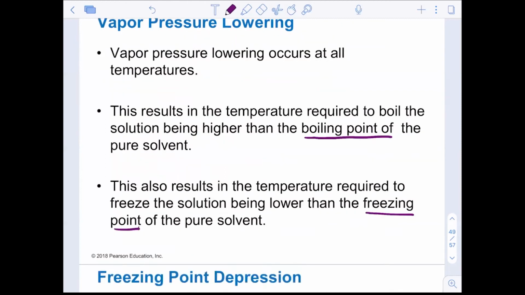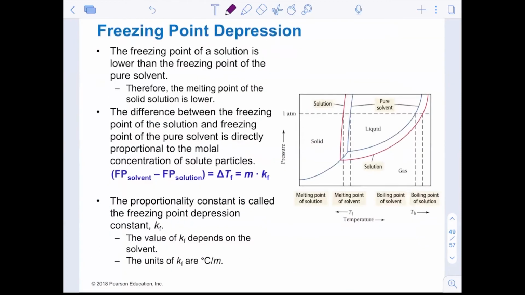What actually happens chemically is that the interaction between the solute and solvent drives the triple point backwards, drives the triple point down, and it expands the liquid phase for the solution rather than just the liquid phase of the pure solvent. Notice this, right?